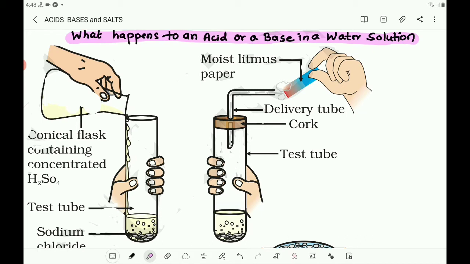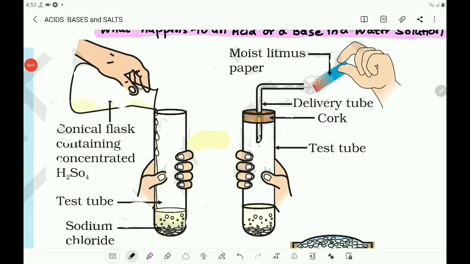Take about 1 gram of solid sodium chloride in a clean dry test tube. Children, take one dry test tube. In that test tube, take 1 gram sodium chloride and take a glass containing concentrated H2SO4 and add that concentrated H2SO4 to the NaCl.